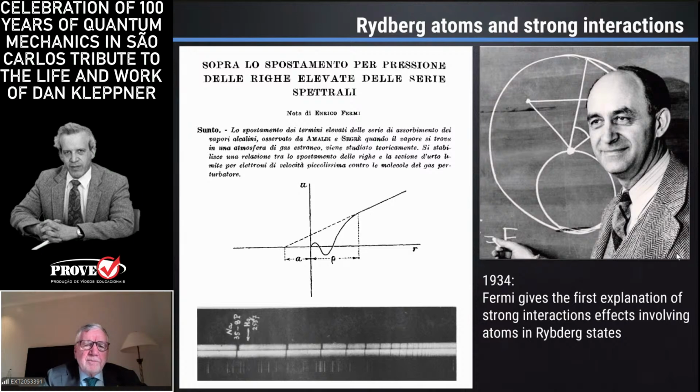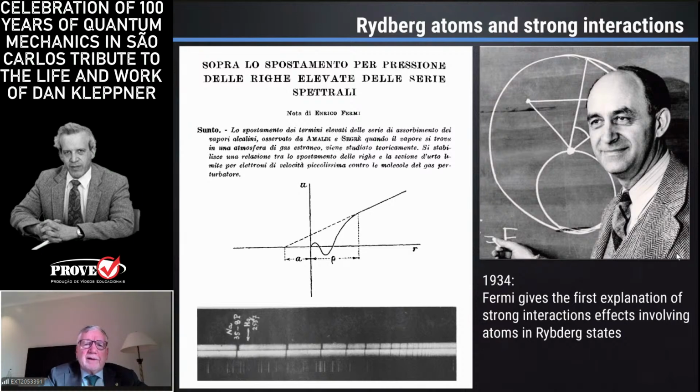is a very old story, because essentially it was, as usual, Enrico Fermi in 1939 who understood the shift of spectroscopic light in a gas of atoms, simply because he understood the story of what we now call Rydberg.